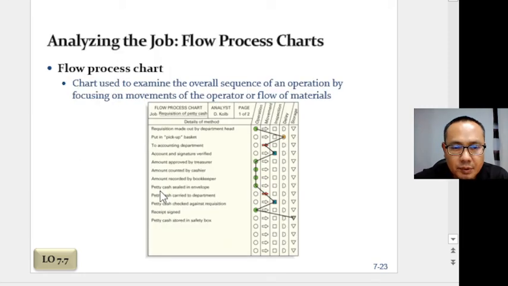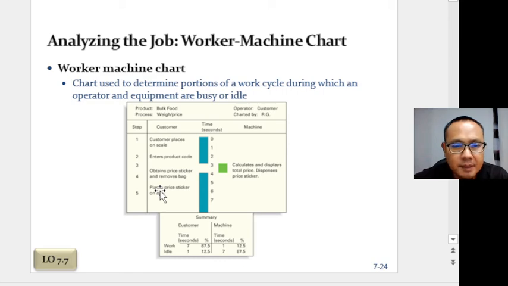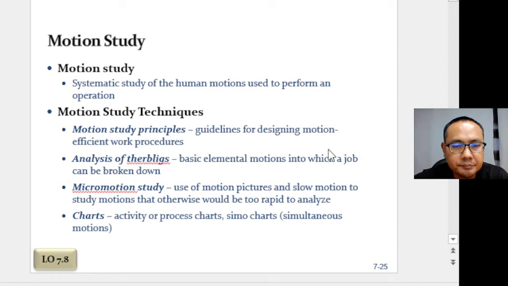We can use a flow process chart, or a work machine chart, to identify what kind of job we need to analyze, right? And then motion study is a very good technique for us to develop, enhance, and increase the safety of our workplace.